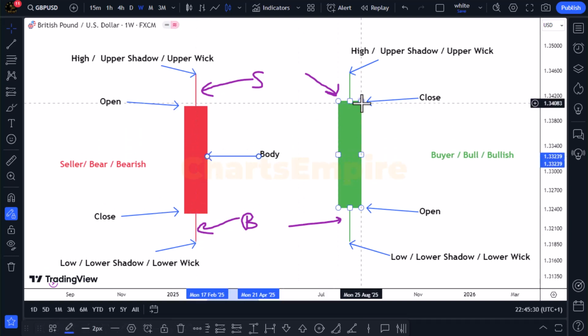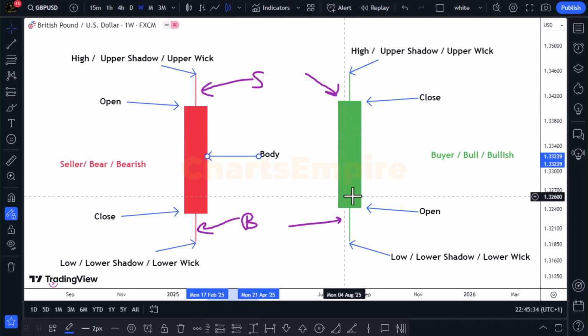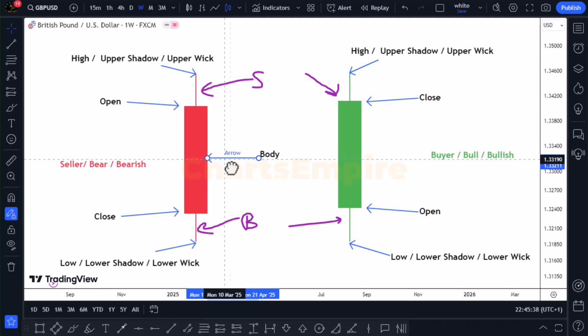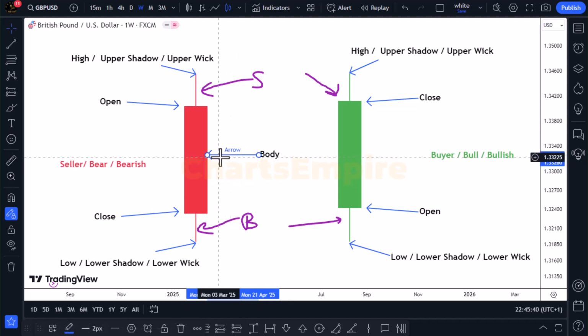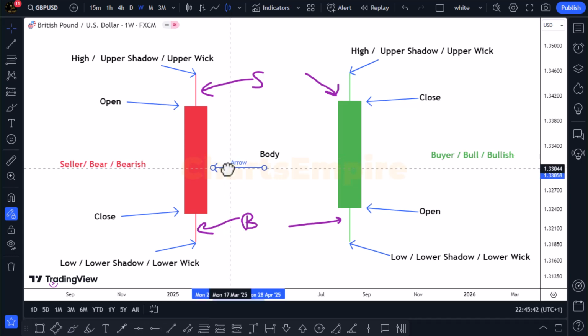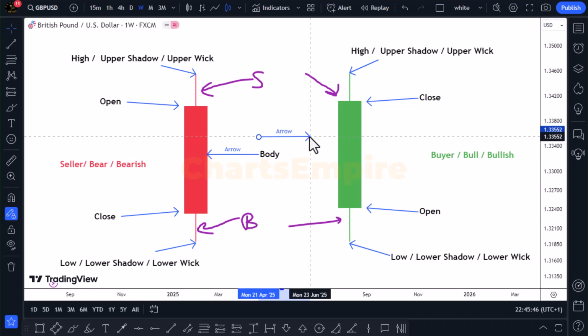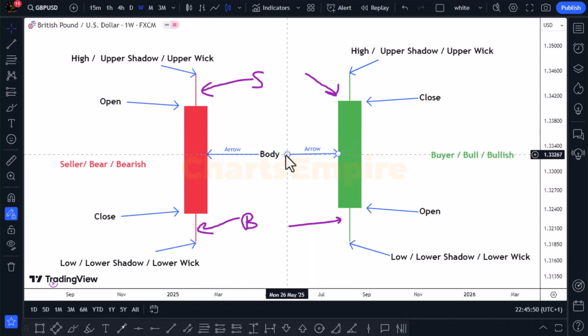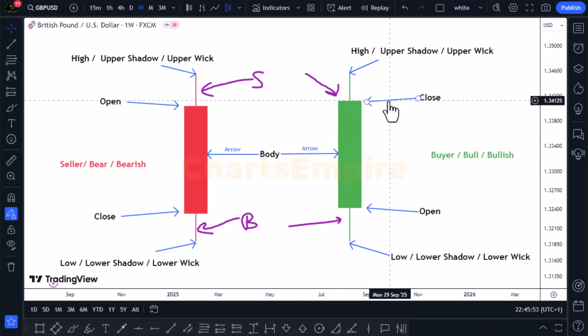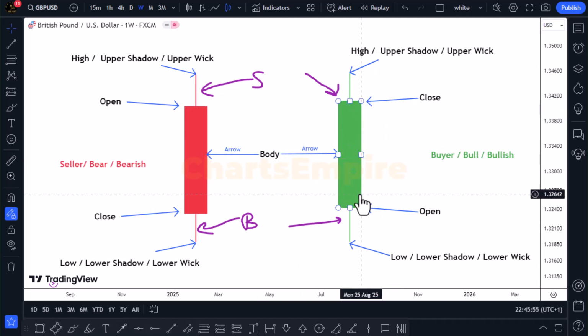The same thing goes for the bullish candlestick. The difference between the close and the open is the body. Let's draw another one. The difference between the close and the open is the body of the candlestick.